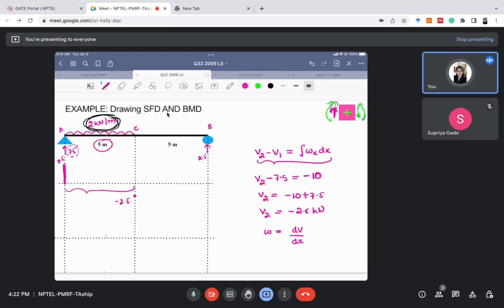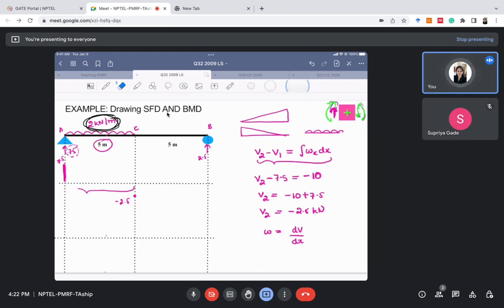It is not either increasing or decreasing, right? This is increasing distributed load. This is decreasing distributed load, and this is constant distributed load, right? So for section AC, the intensity of distributed loading is negative. Why negative? Because it is in downward direction, and constant.